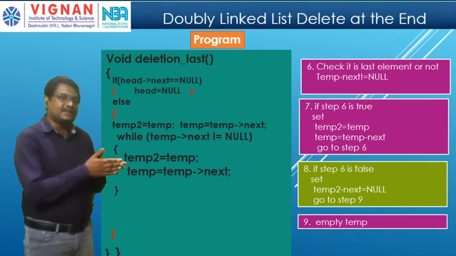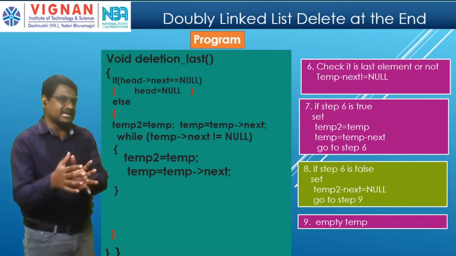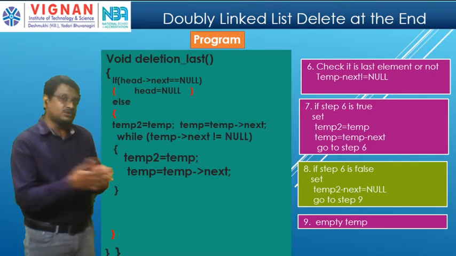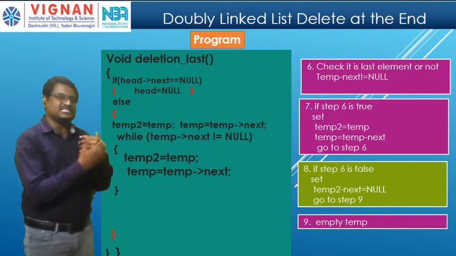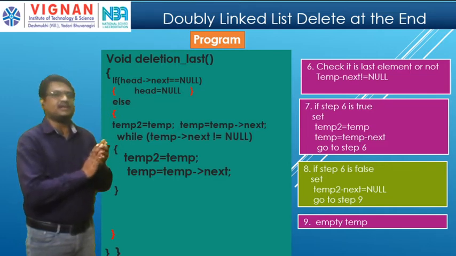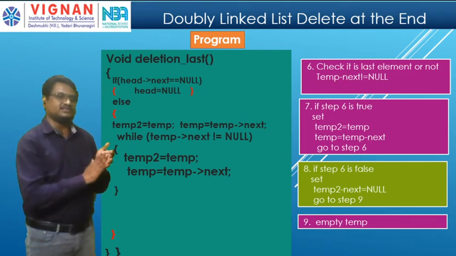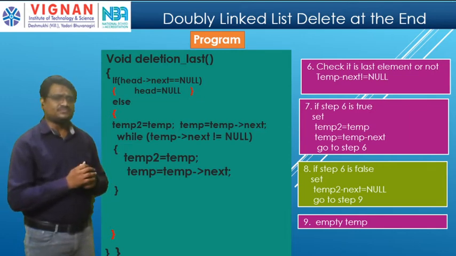Because temporary 2 is the element before temporary. Temporary is the last element. Temporary 2 is the one before the last element. So I need to make this element the last element. How can I do that? By simply putting this element's next address field as null. Previously it referred to something. Now it is representing null. That means it will become the last element.